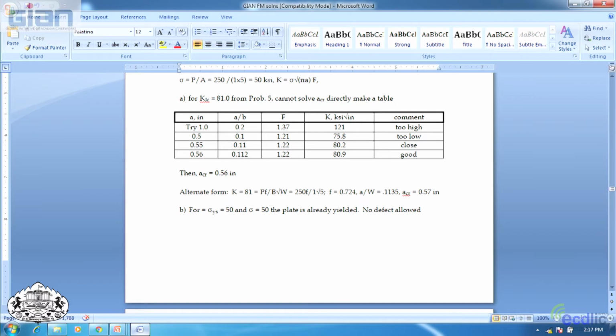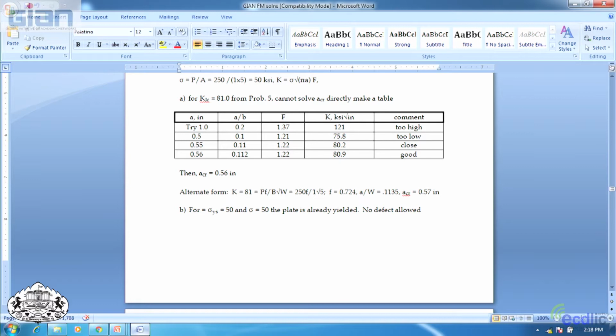Pick A, get A over B, and then you have to get the graphical value and unnormalize that, and get this F factor. The reason to start with 1 inch is no clear reason. It's just a round number. So often I start with a round number and see how it looks.